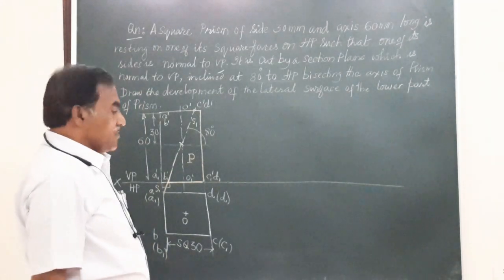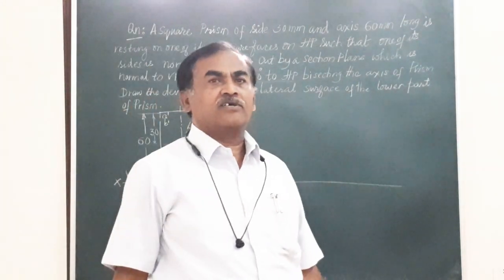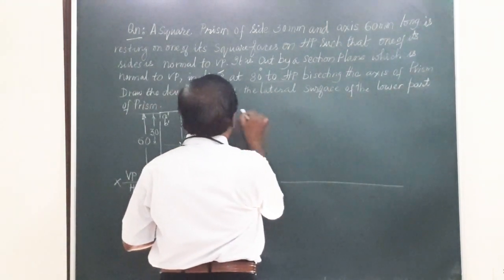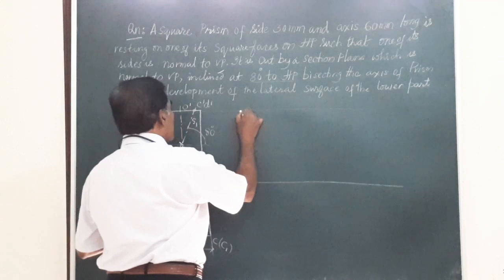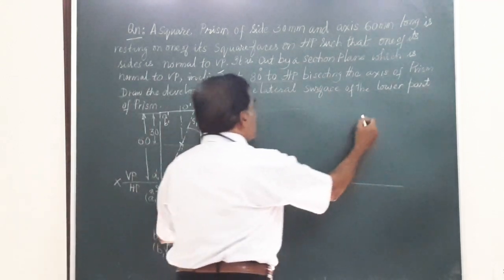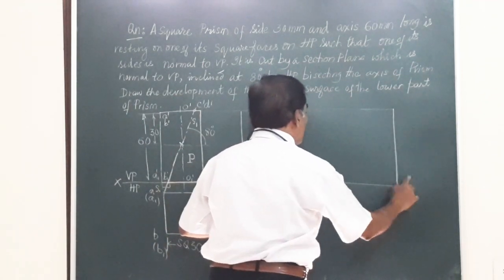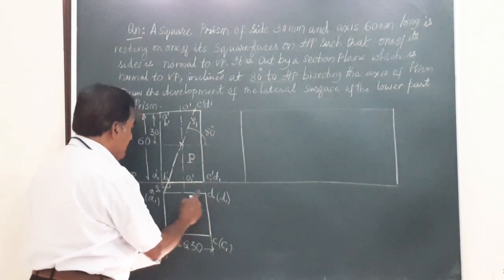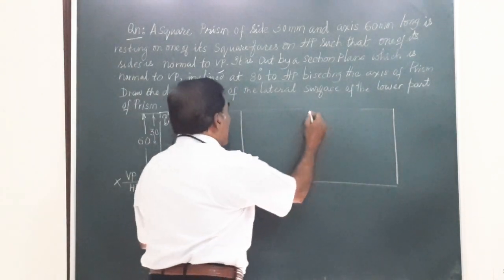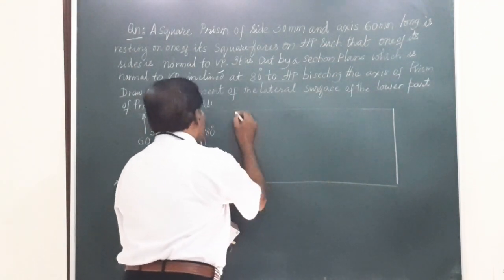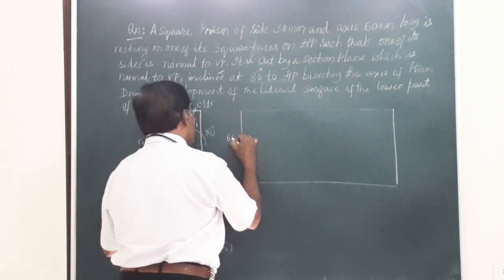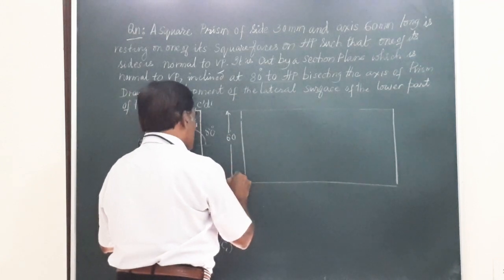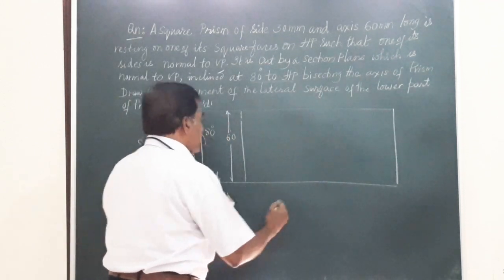Friends, now let us draw the development of the square prism, assuming it is not cut by any section plane. So I am going to construct a rectangle here, having the width equal to 30 into 4 sides, 30 plus 30 plus 30 plus 30. So I am going to have this rectangle with height equal to 60 mm and the width of that is 4 times 30.